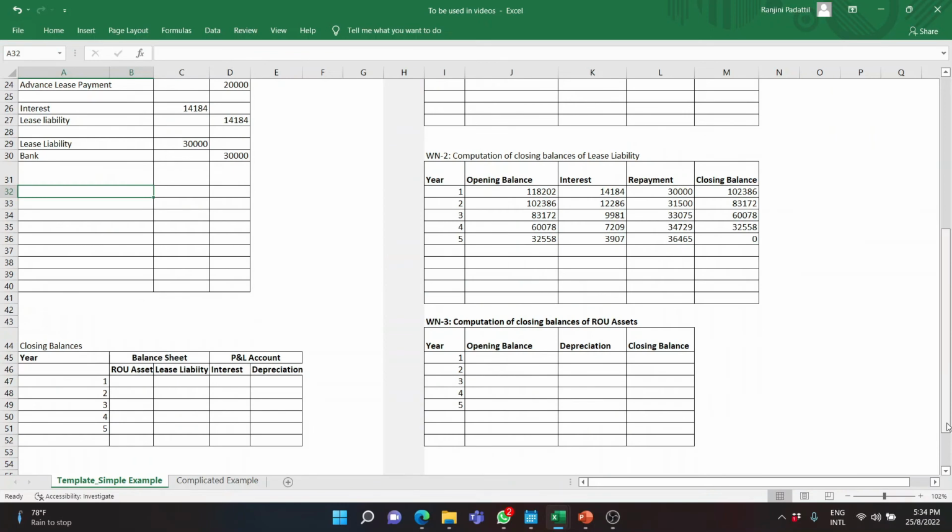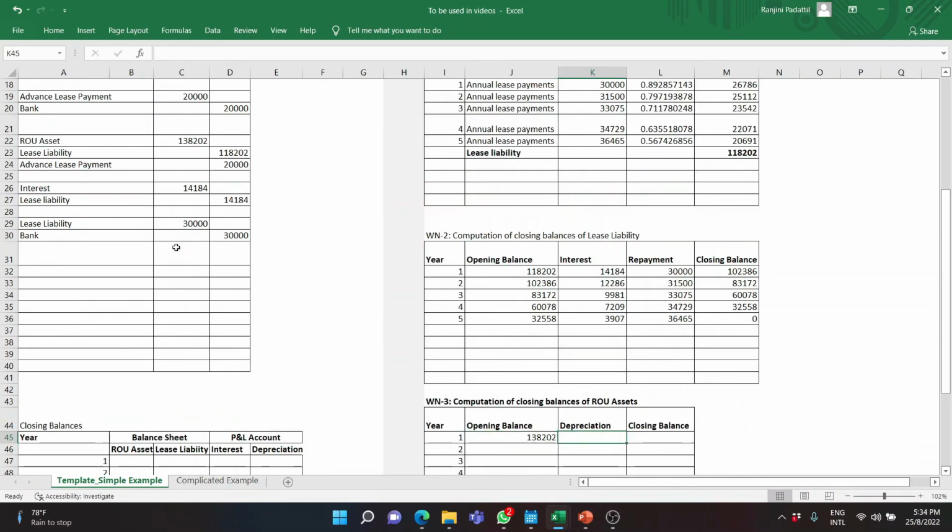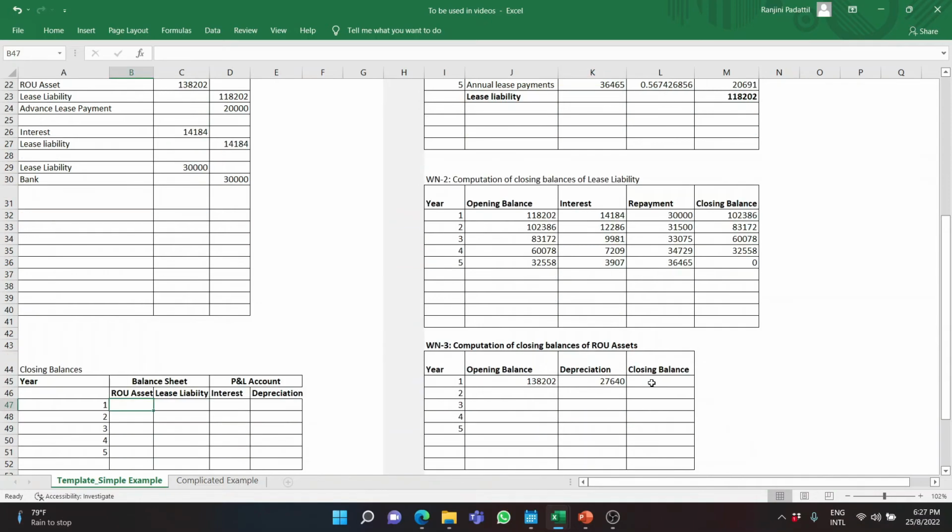So let's go to the third working note, and that is the calculation of the depreciation. The opening balance of the ROU asset is here. Depreciation is generally done on a straight line basis unless they specify in the question that another appropriate basis exists.